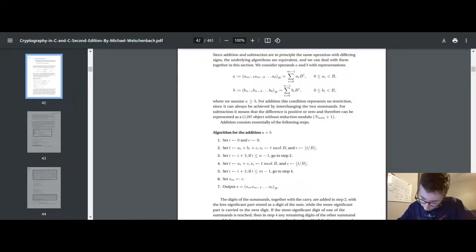So let's write out the algorithm for addition. I equals 0, C equals 0.